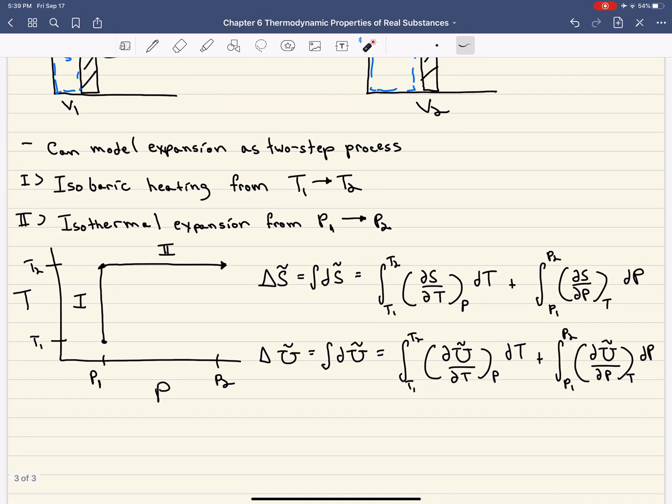Our approach is that this right-hand side is where we would put our measured data, and on the left-hand side is where we would apply our microscopic model, either for entropy or for internal energy.